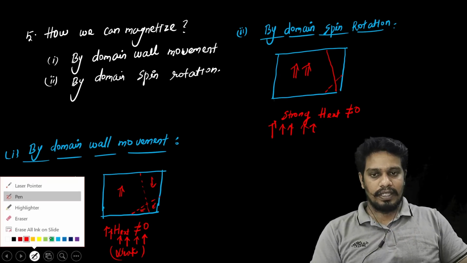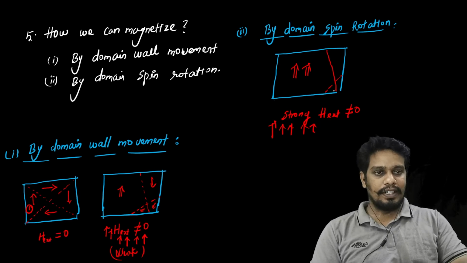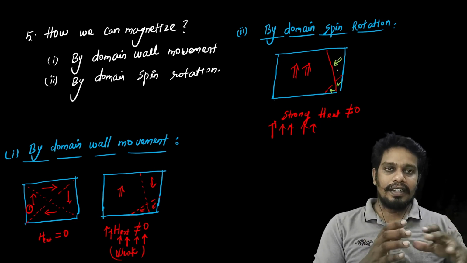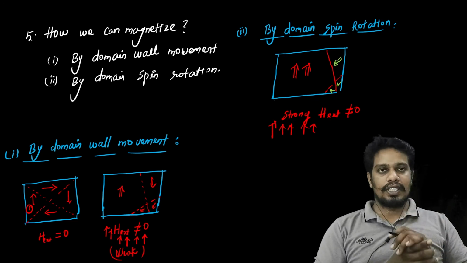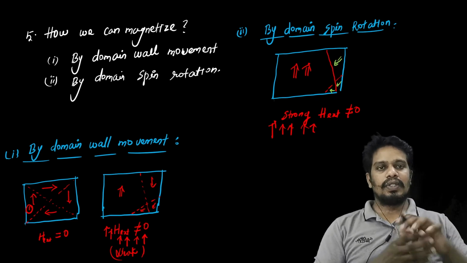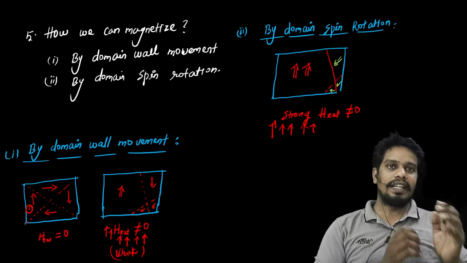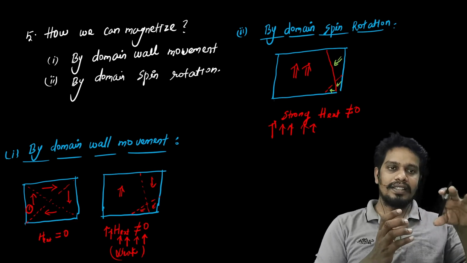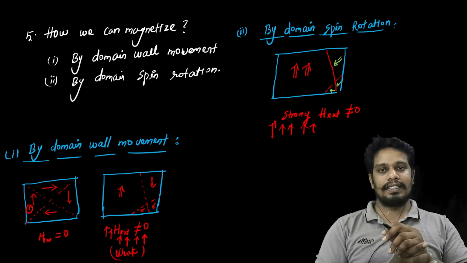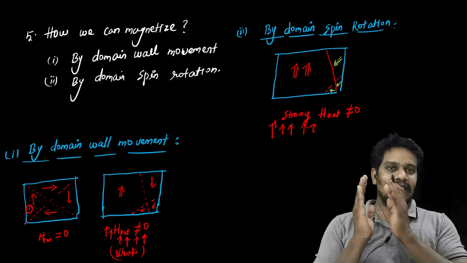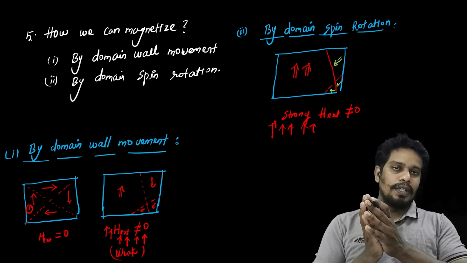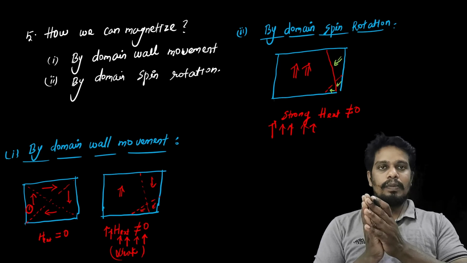If you look at this domain's spins, they will try to rotate along the strongest external magnetic field. This is the way the ferromagnetic material gets magnetized, and it is called domain spin rotation. So the first one is the weaker magnetic field, where the domain wall movement is happening.